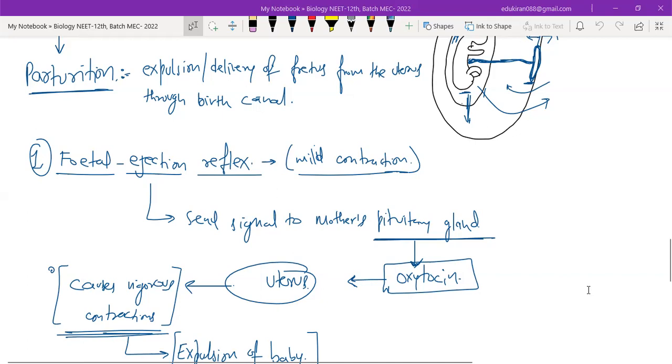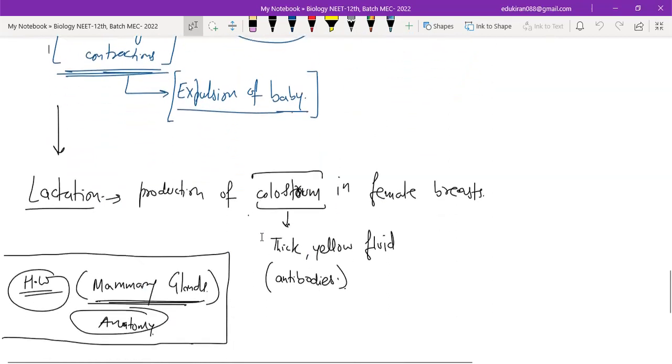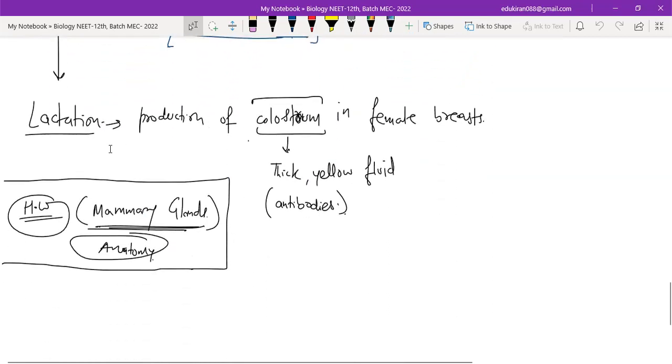Oxytocin works on the uterus and makes the uterus contract vigorously. And when the uterus contracts vigorously, that leads to the expulsion of the baby. Correct. And then in the end, we discussed lactation, which is the production of colostrum in the female breasts. Colostrum is a thick yellow fluid. It contains all the nutrition, and it also contains antibodies, correct?